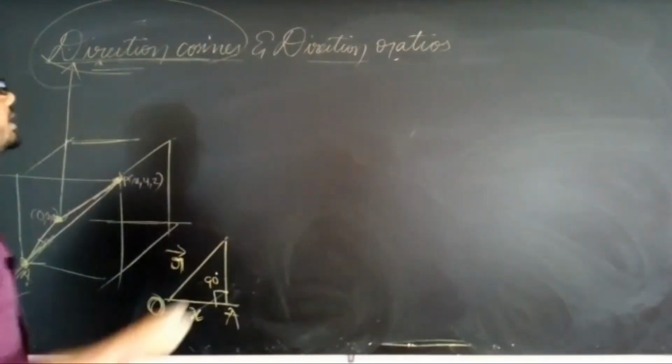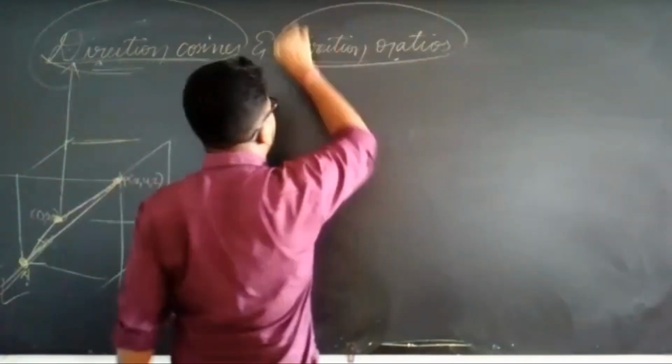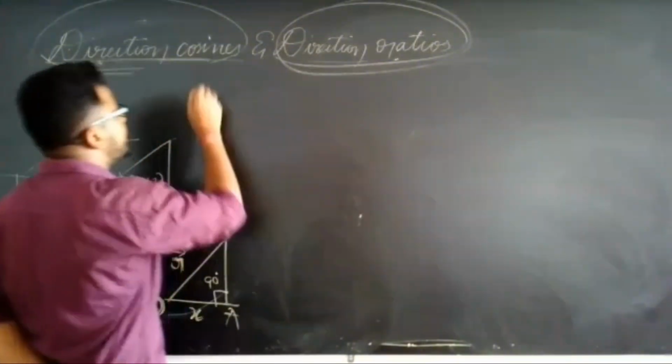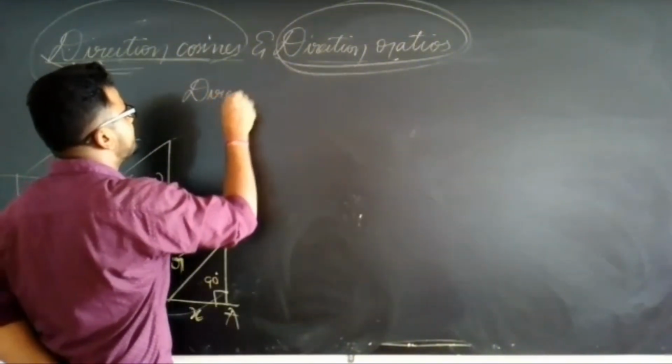Now we shall see about direction ratios. What is direction ratios? Direction cosines are the numbers.